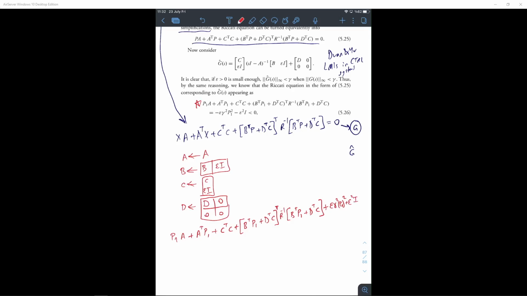It came from, well, first this, right? Because C transpose and C, it is C transpose C plus epsilon square identity, right?